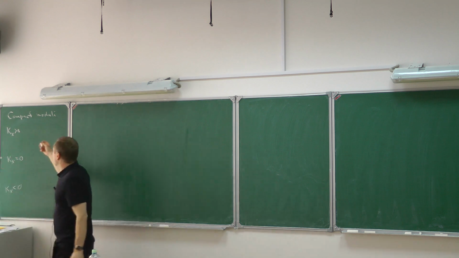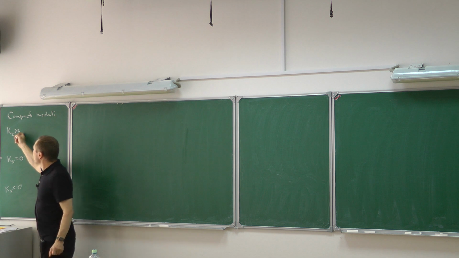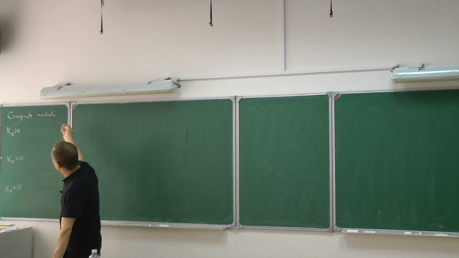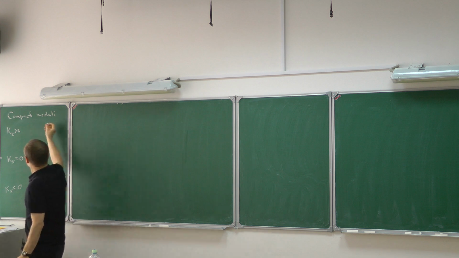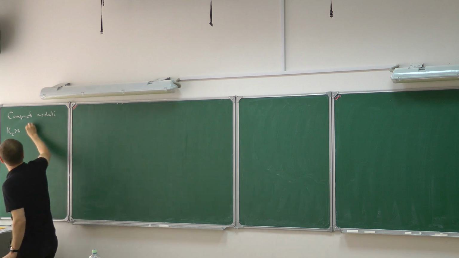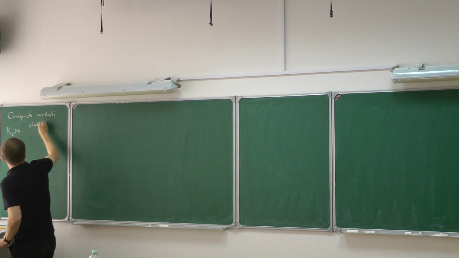And for varieties of general type, there is a compact moduli which is quite similar to M_g bar, the Deligne-Mumford compactification for curves. And this is the moduli of stable pairs.